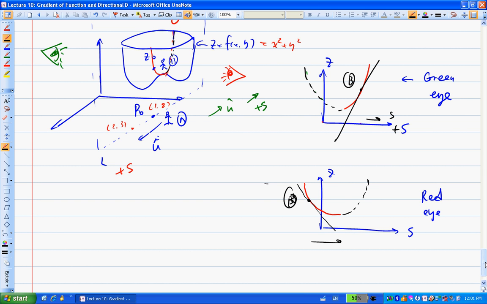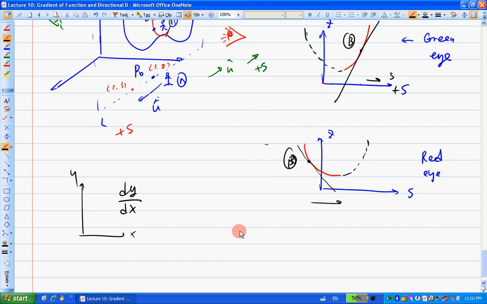So now enough red eyes, green eyes. Now let's talk about math here, right? The math. So if you have an xy plane, what's the derivative? You use dy over dx, right? But now what do I have here? I have a z and s, and I'm trying to describe the concept of a slope.